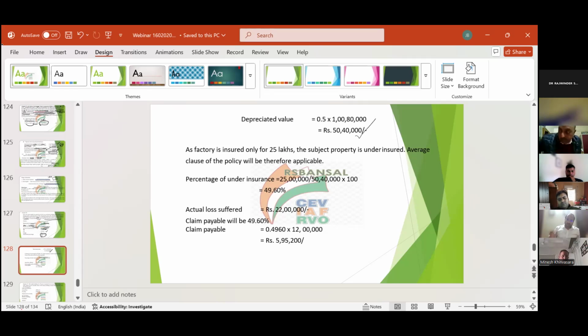So you have to calculate the under insurance coefficient, which is the value at the time of policy divided by the value at the time of claim. So it is 49.6%. The actual loss suffered is 12 lakh, so 49.6% of 12 lakh, you will get only 5,95,200 in this case instead of getting 12 lakh, because it is under insurance.